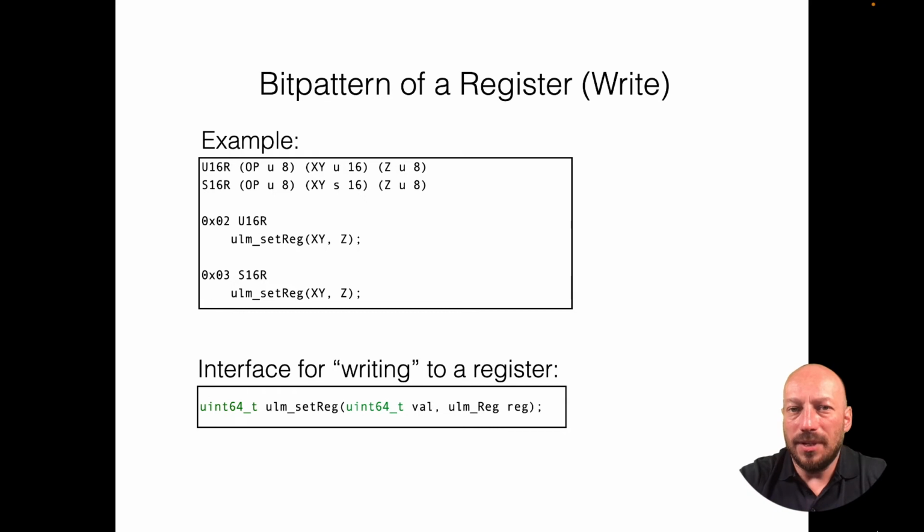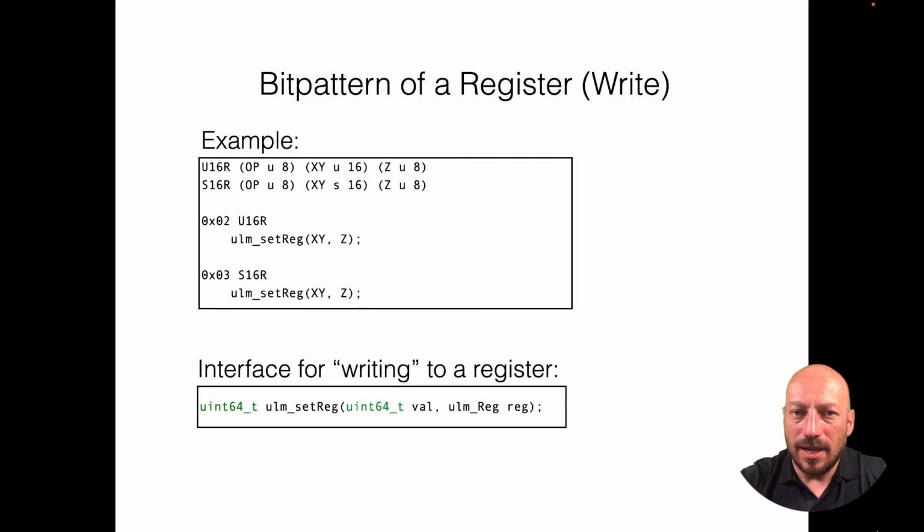Let me review another example from the last video to explain this C interface. I was implementing instructions for initializing a 64-bit register with 16 bits. And I needed 2 instructions for that because I wanted one instruction that applied a 0 extension to these 16 bits, and the other one should apply a sign extension.